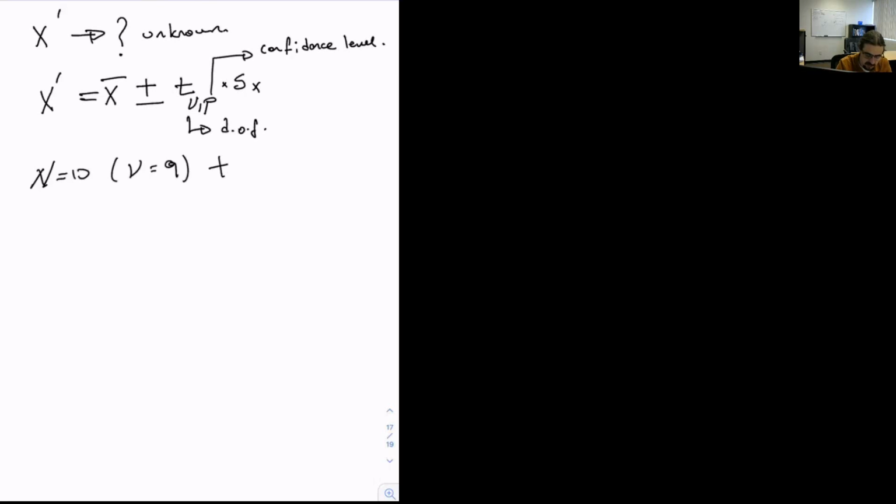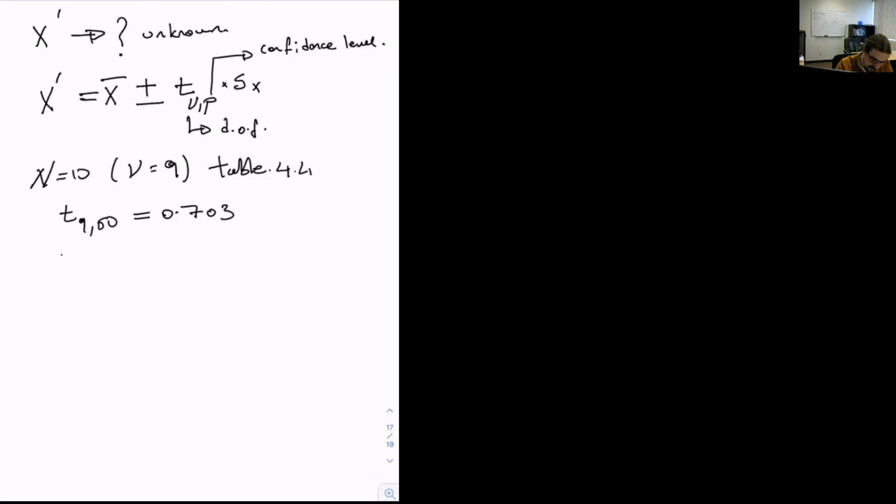If you go to Table 4.4, which is at the end of your notes, your t-value at 9 degrees of freedom and 50% confidence is going to be 0.7.